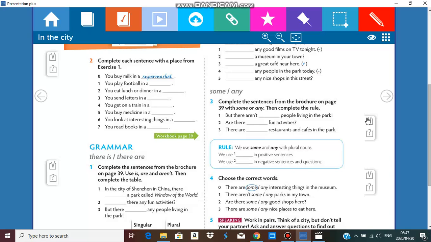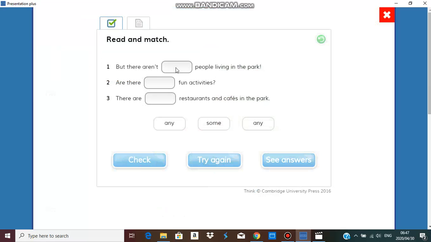Okay, let's try and answer this. But there aren't some or any. What did the rule say? Negative. Are there some or any fun activities? Positive.